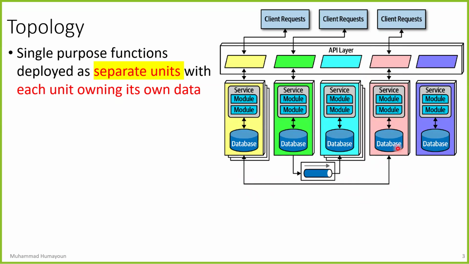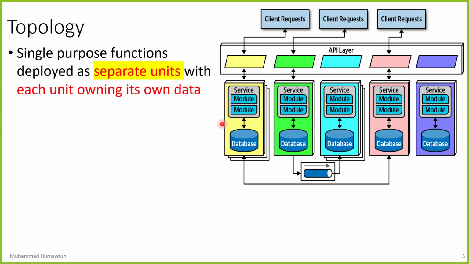So the idea is that each service that we have here is a single purpose function. Each service fulfills one function, one and only one function. It doesn't do more than one, and that function will be a service of its own.